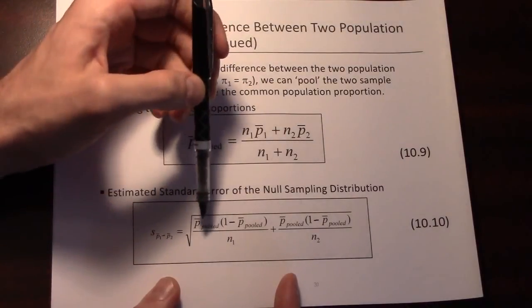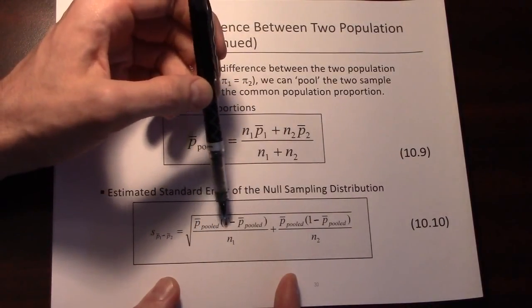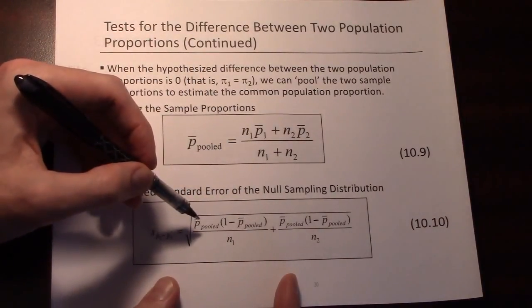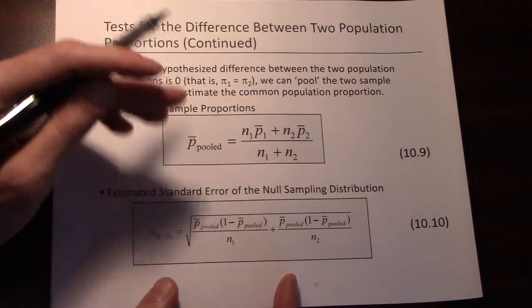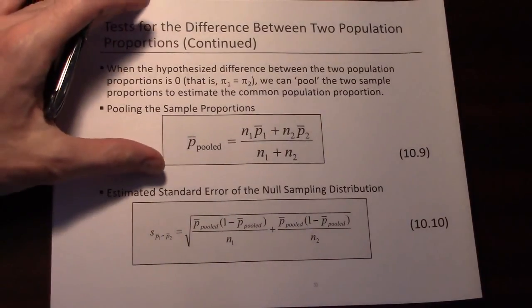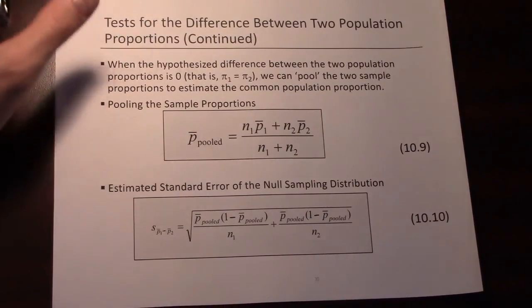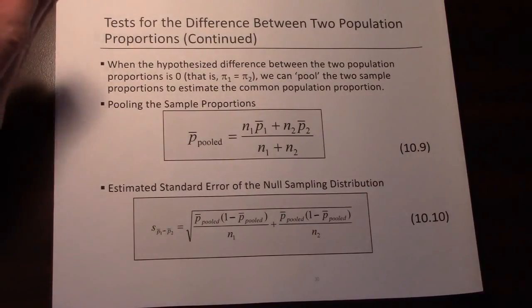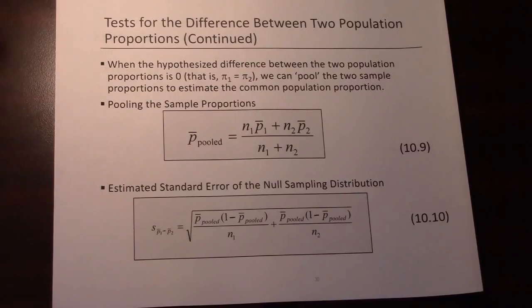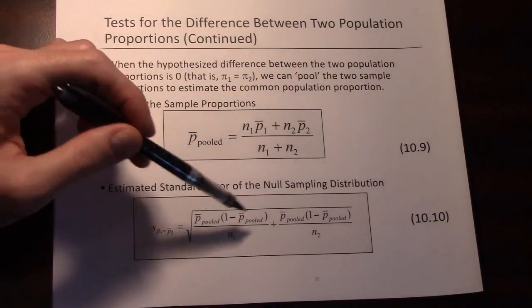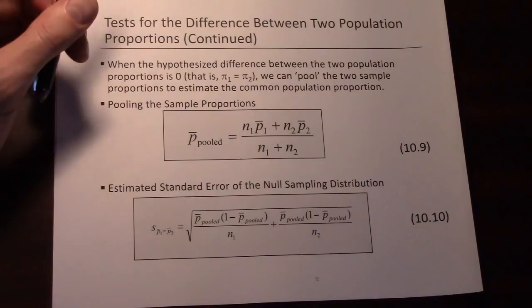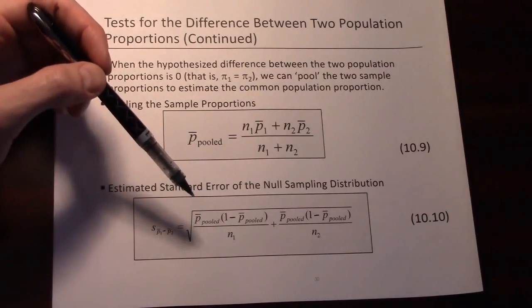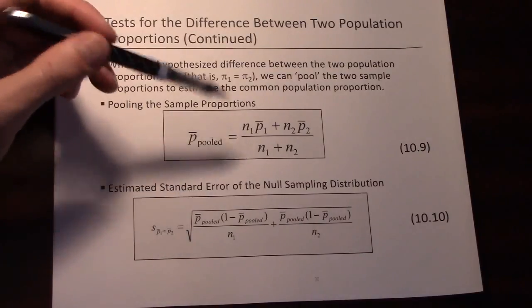And you will see we've got this sample proportion pooled here. What that means is we are going to combine the proportions we get for the two samples. So we take the proportion of men who support Donald Trump, we take the proportion of women who support Donald Trump, and we do a weighted average of those. And that's going to be our pooled sample proportion that is going to help us find the standard error.